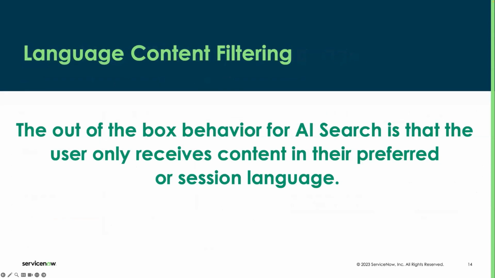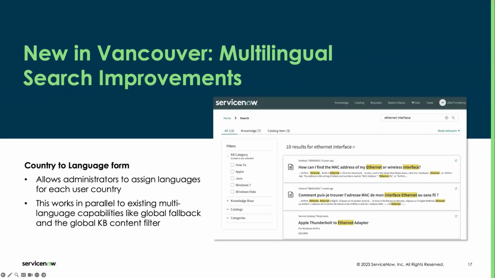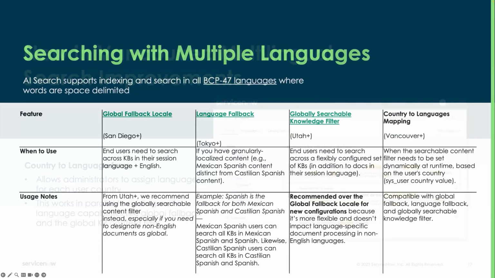So if we look at searching in our multiple languages, sorry, we really want to make sure everybody's eyesight has been tested on all these last couple of slides. But again, this will be helpful for reference. And here I want to mention some of the highlights of essentially the evolution of our multi-language support or search capabilities, with the most widely used being our global fallback.